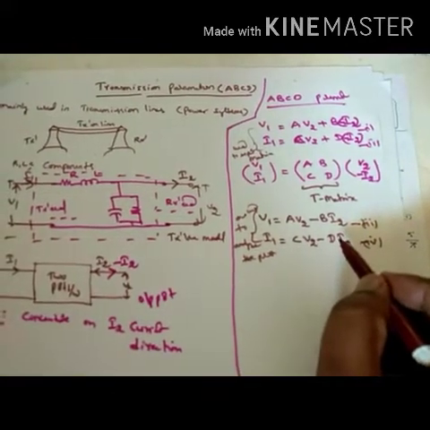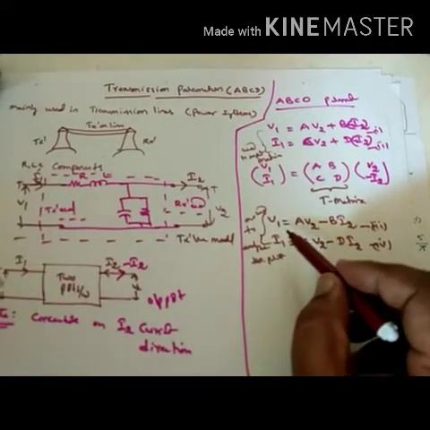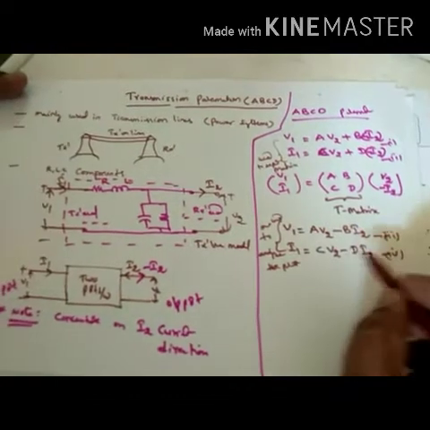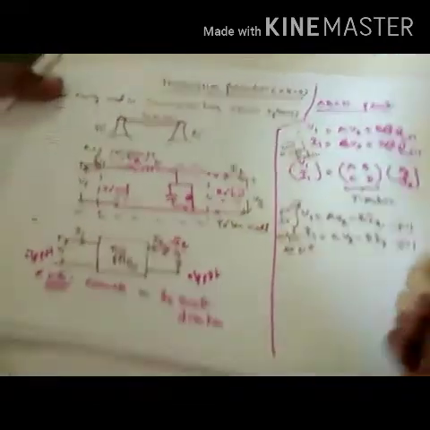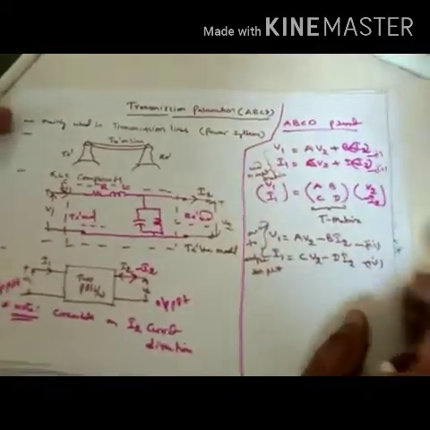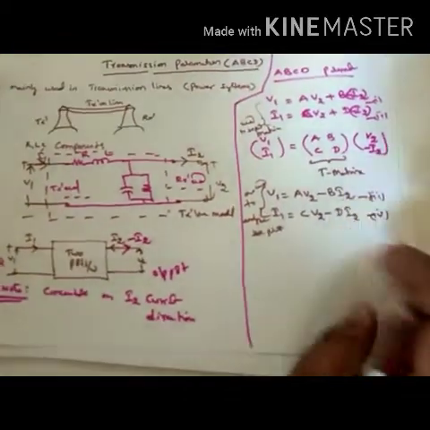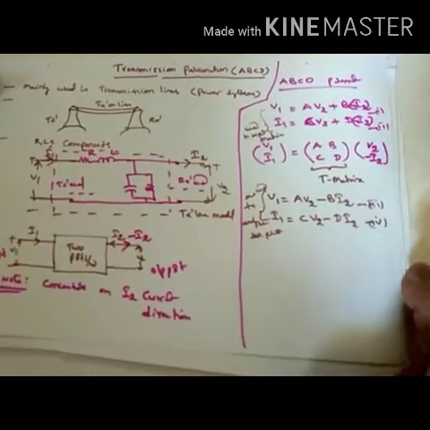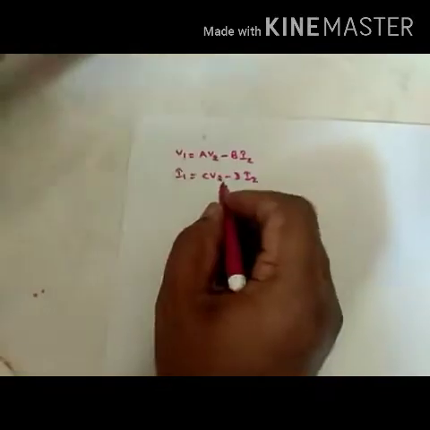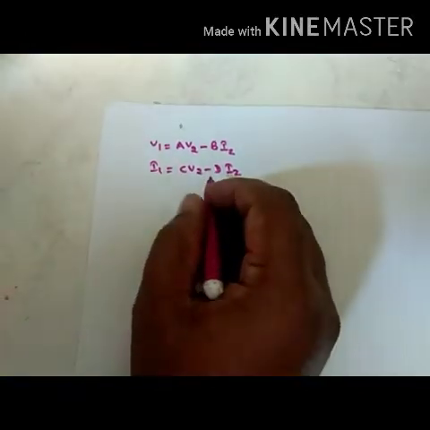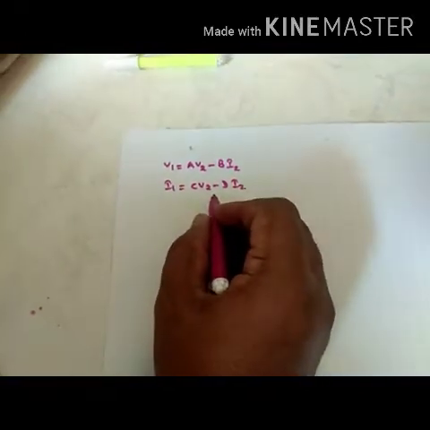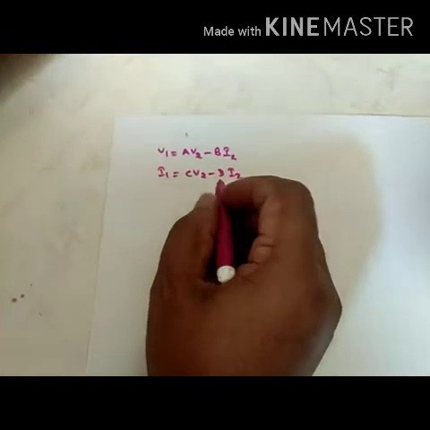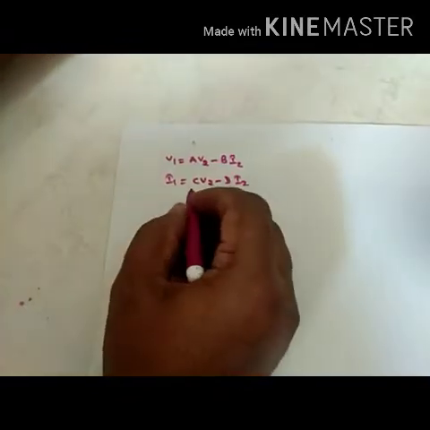This is the only parameter set which describes the input parameters in terms of output parameters. Now we discuss using open circuit and short circuit. These two are the basic equations used in transmission line parameters. Now we find them one by one.